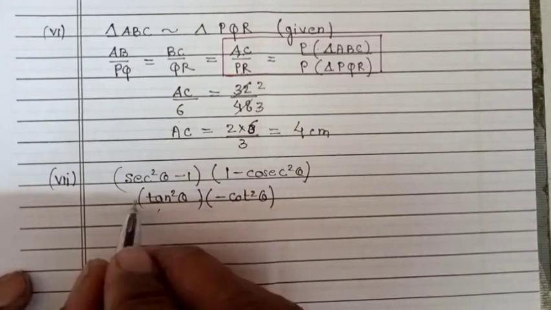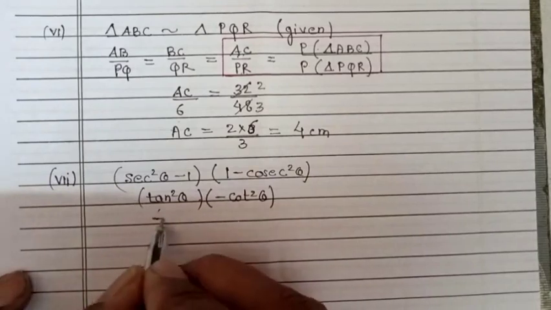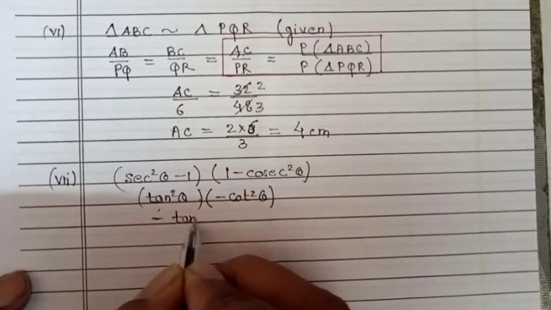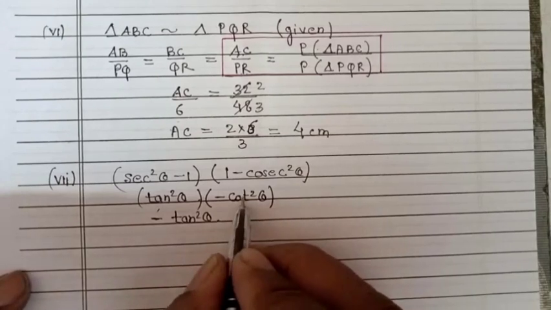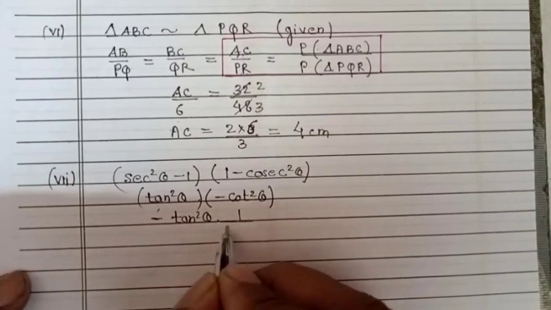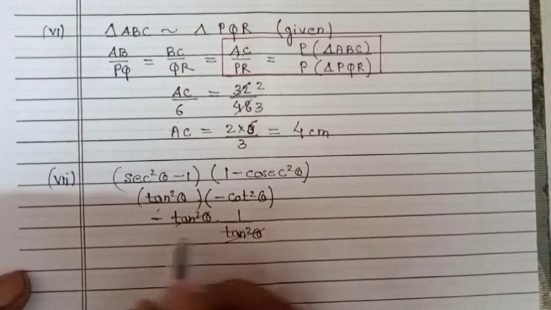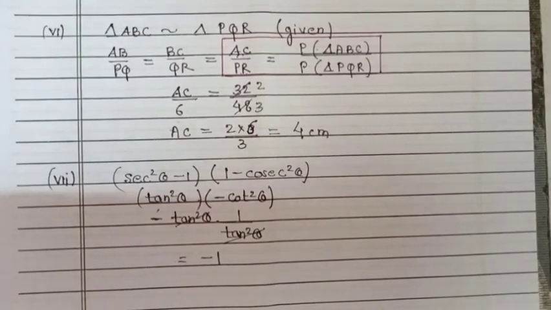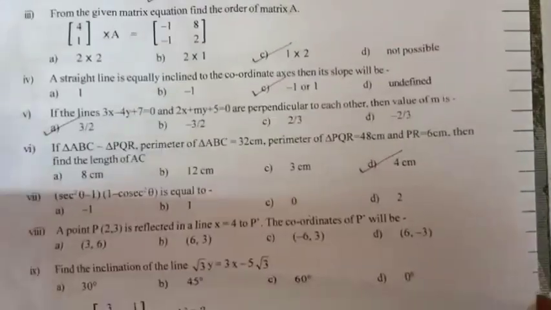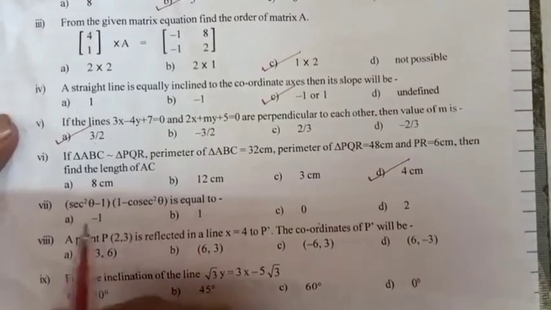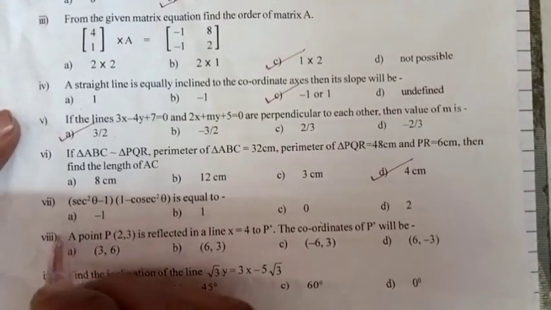So plus into minus will give you minus tan square into cot square. Now cot square can be written as 1 upon tan square. This will cancel out, so your result will be minus 1. So the option for the seventh part should be A, minus 1.